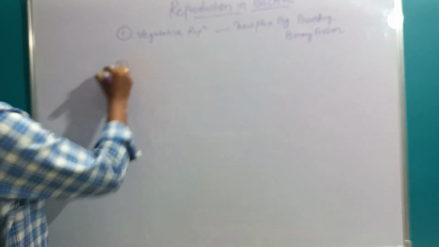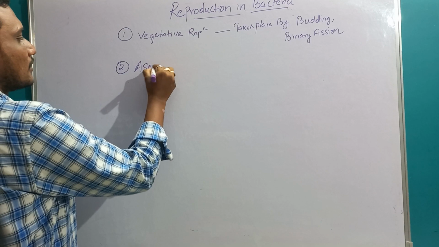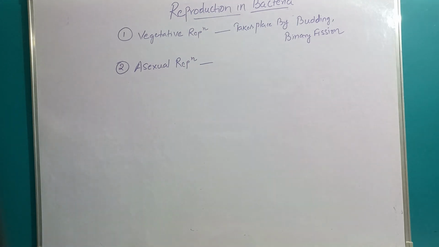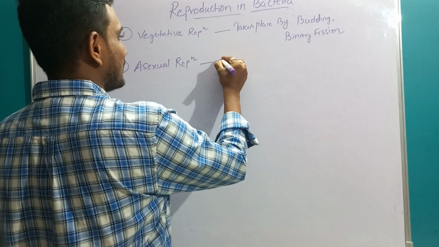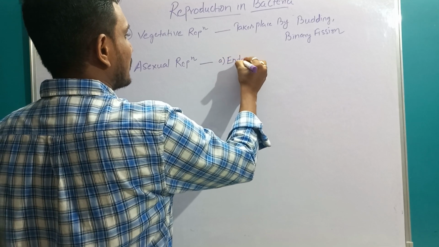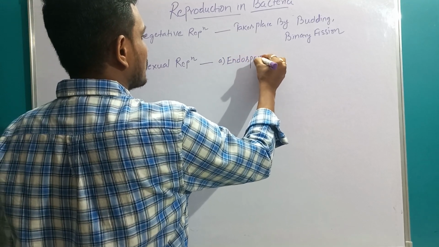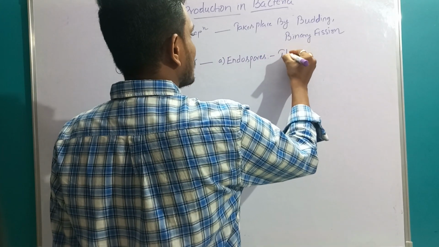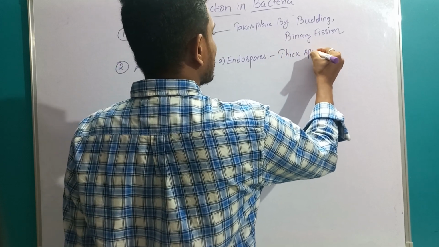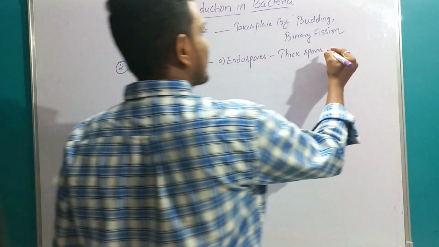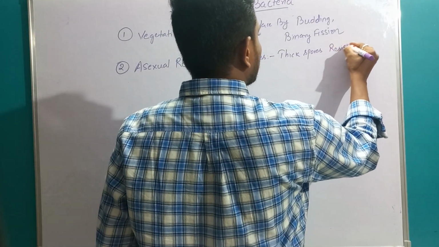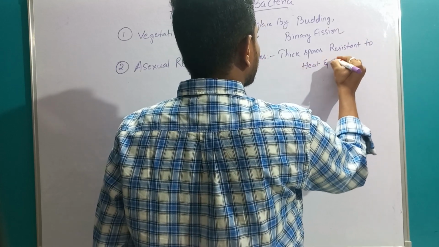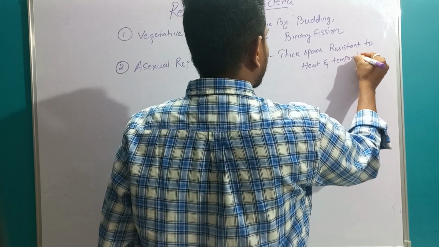Next, second method, asexual reproduction. Asexual reproduction takes place by endospores. These are thick spores which are resistant to heat and temperature.